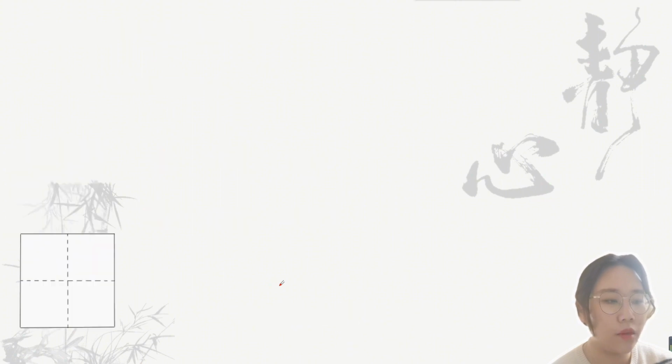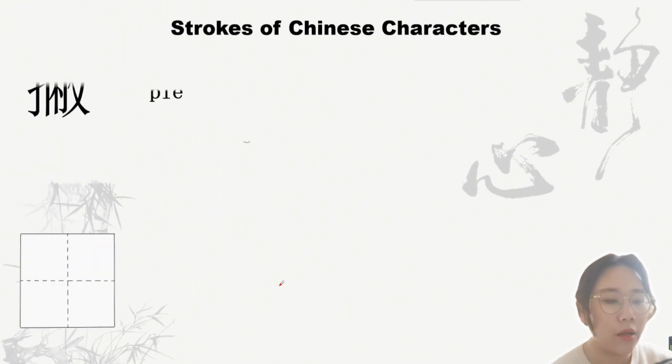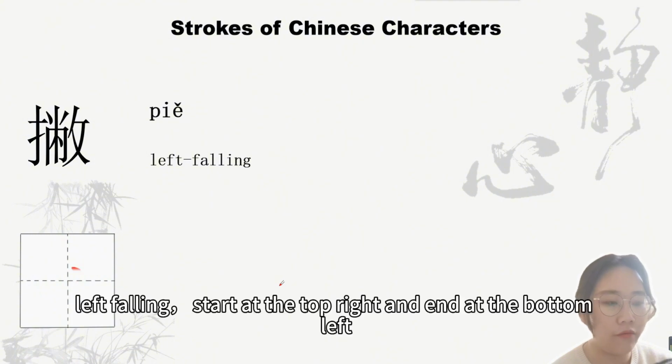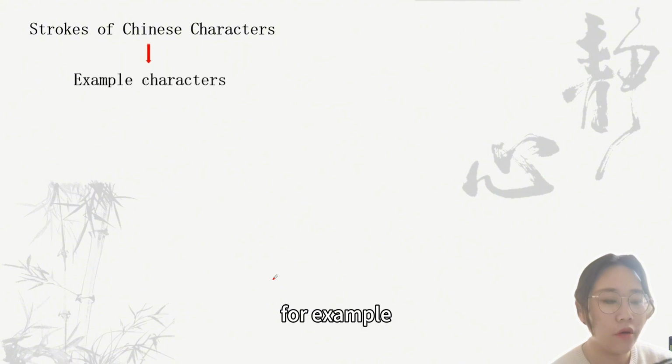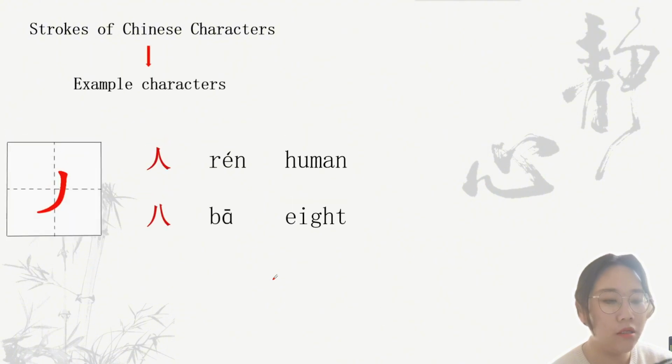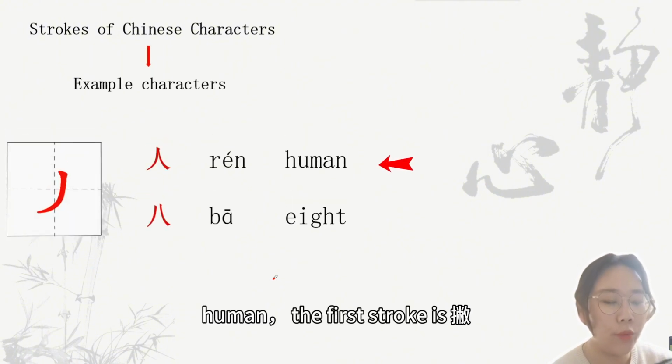Next, 撇, left falling. Start at the top right and end at the bottom left. For example, 人, human.